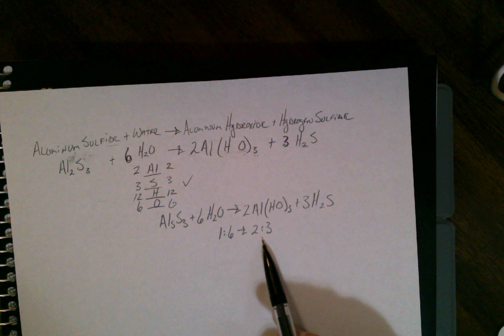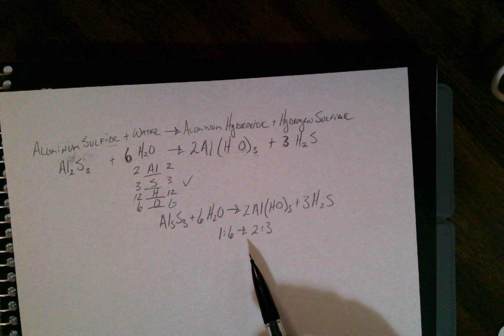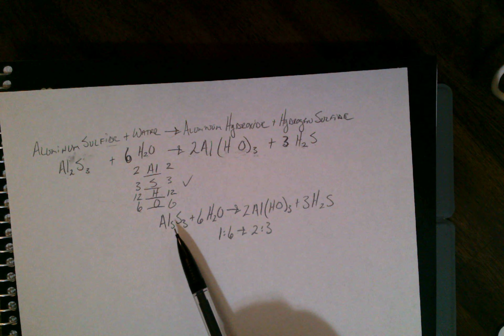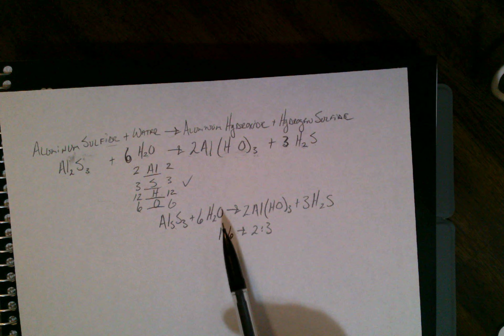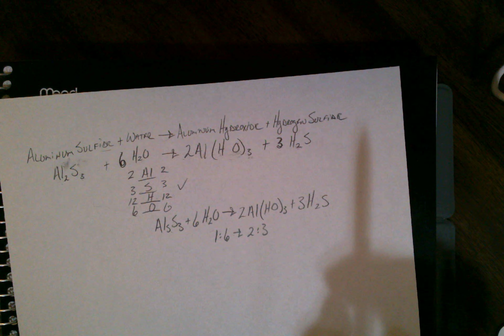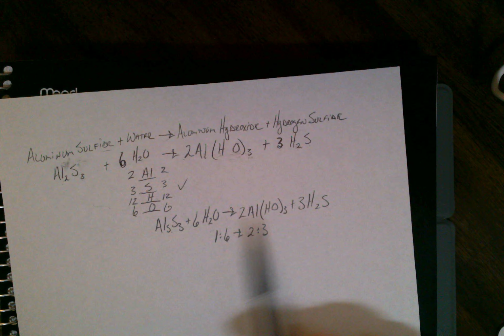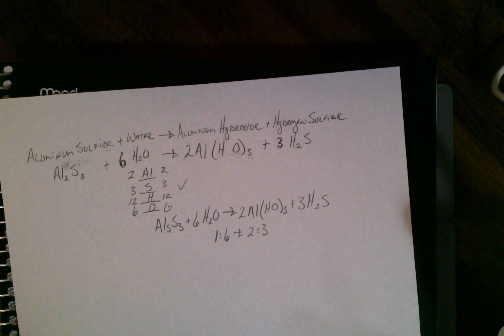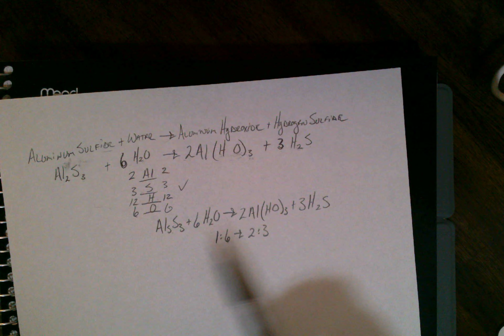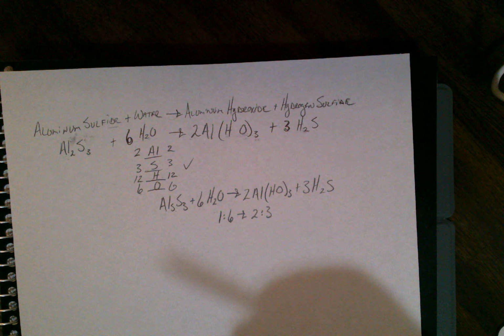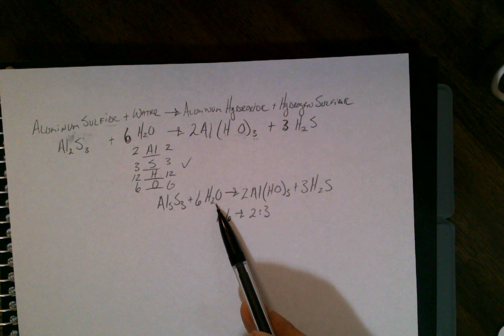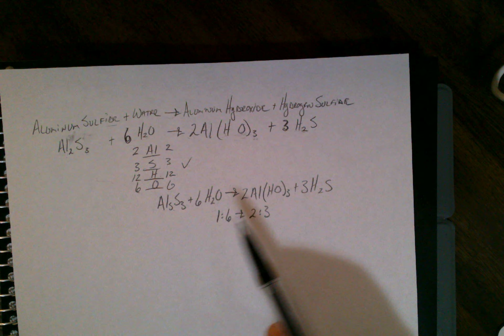So, you just want to go ahead and point that out. Just recognize that if you have 1 aluminum sulfide, you're going to have 6 water, and that's the exact measurement of these molecules that are going to react with each other. And later on, we'll talk about how it works if you have a certain number of grams of this material, and you combine the two.